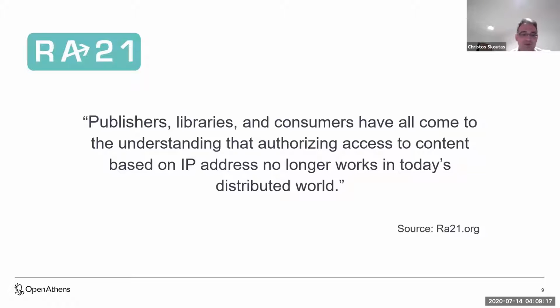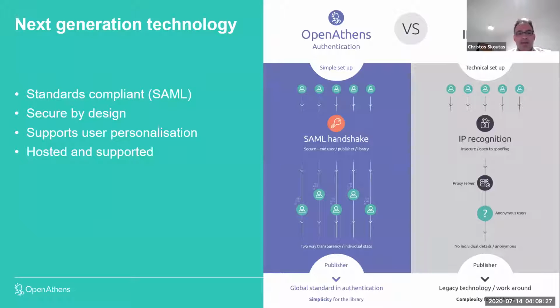And so what RA21 is proposing is the adoption of a federated authentication system based on SAML technology. I'll get into more details about what we mean by federated access. Here on these slides, you can see the next generation technology.